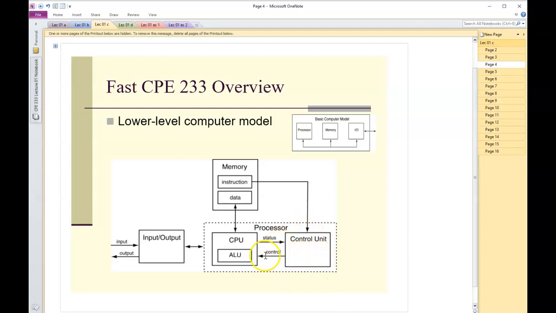The control unit controls the grinding of the data, but it acts under the direction of the instructions. The instructions are the program you wrote. The program you wrote is essentially going to control the control unit, and the control unit is going to control all the underlying hardware to give you the result you want.